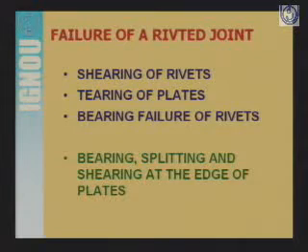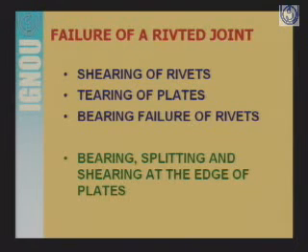So if the load is more than the permissible limit, then tearing of plate may occur. Next is bearing failure of rivet. On the diameter of the rivet, the bearing failure may occur because of the excess load.